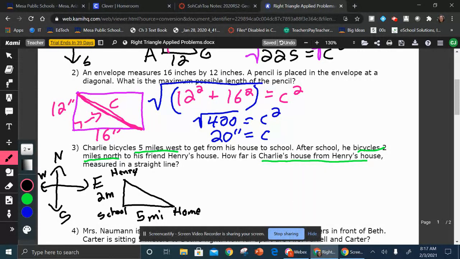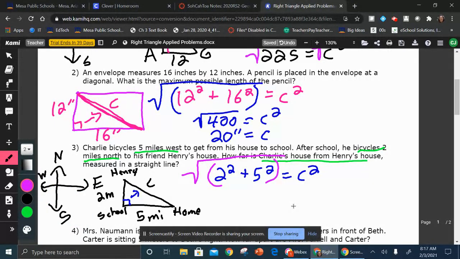How far is Charlie's house from Henry's house? So again, everybody, we're still solving for the hypotenuse. So we're going to do 2 miles squared plus 5 miles squared is equal to C squared. Remember, we can put this all in the calculator with the square root sign. We get C is equal to the square root of 29.